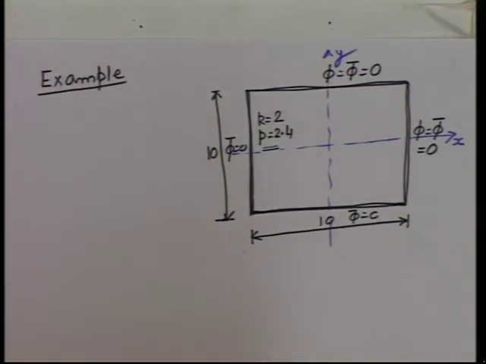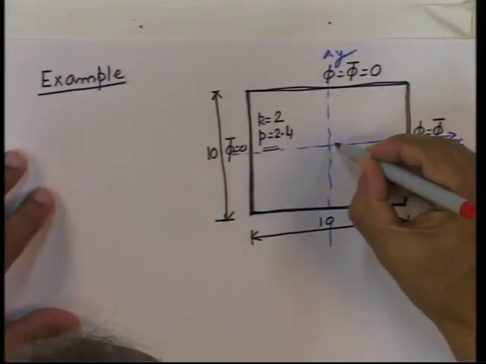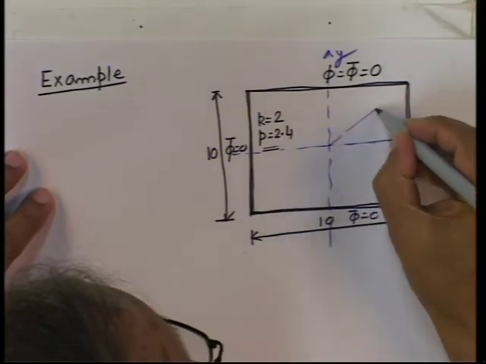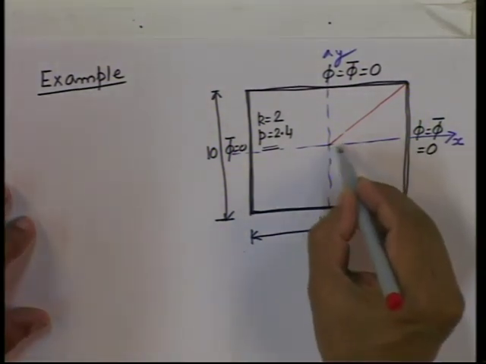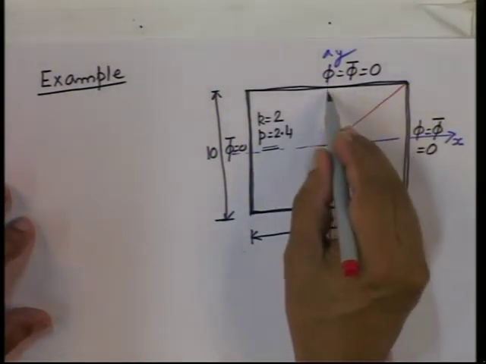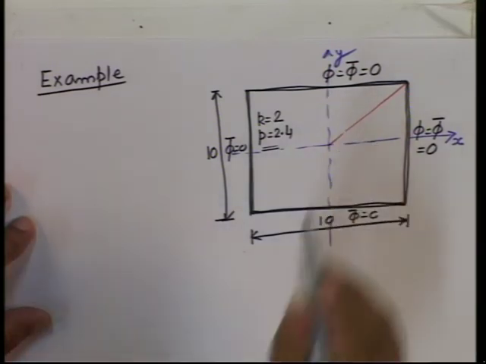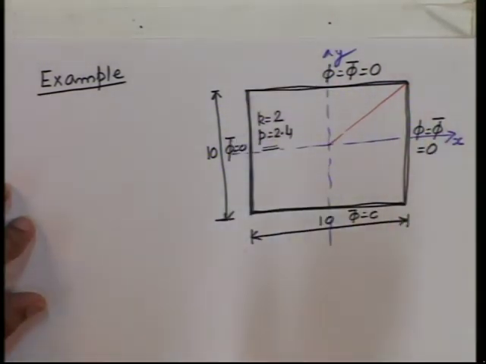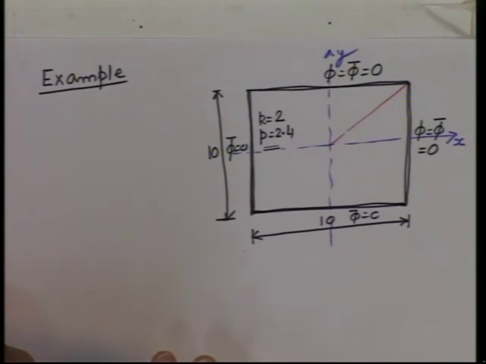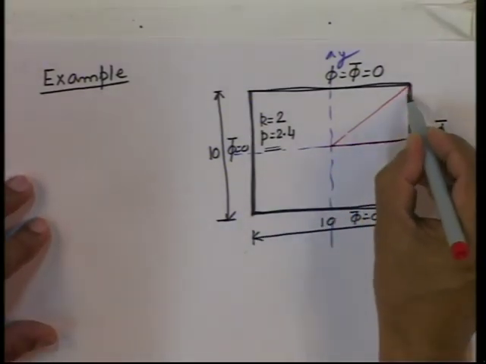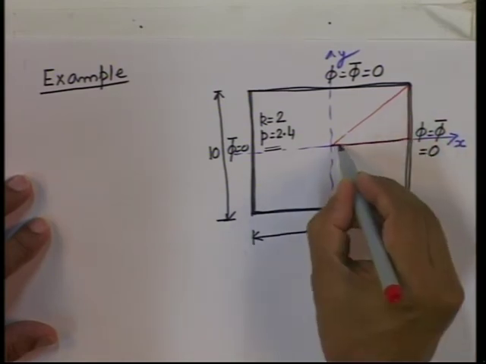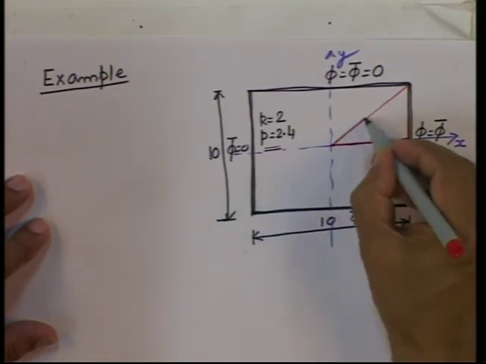Another interesting thing is that there is also a 45-degree symmetry, along the diagonal. Whatever happens in this triangle, the mirror image of that will happen in this one, and similarly this will be repeated. So the actual domain that you need to study is only this red line.